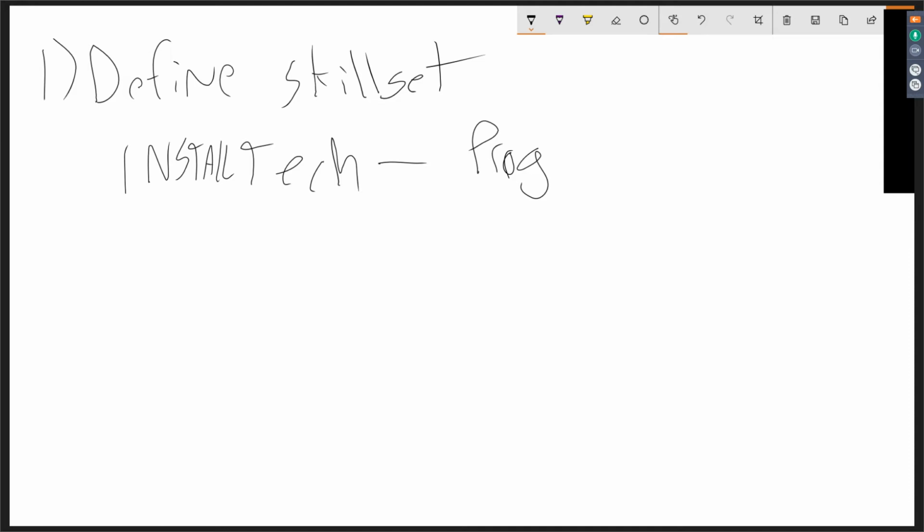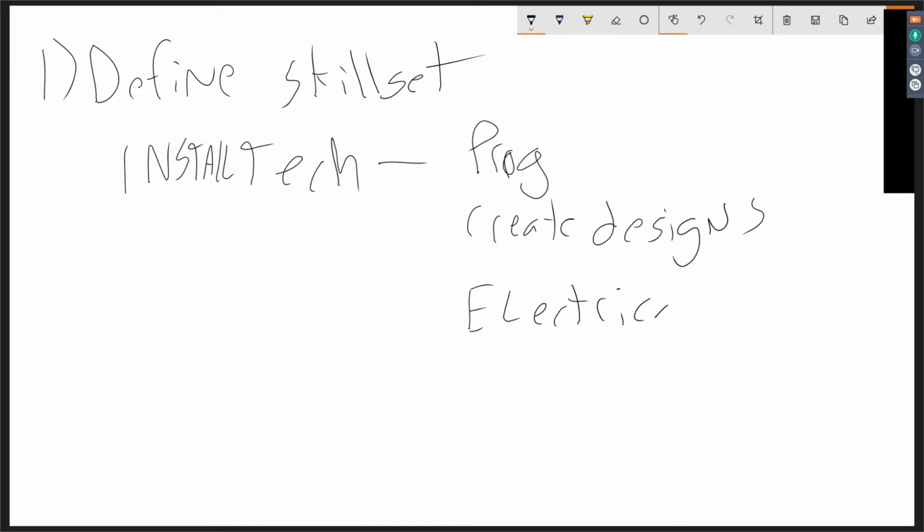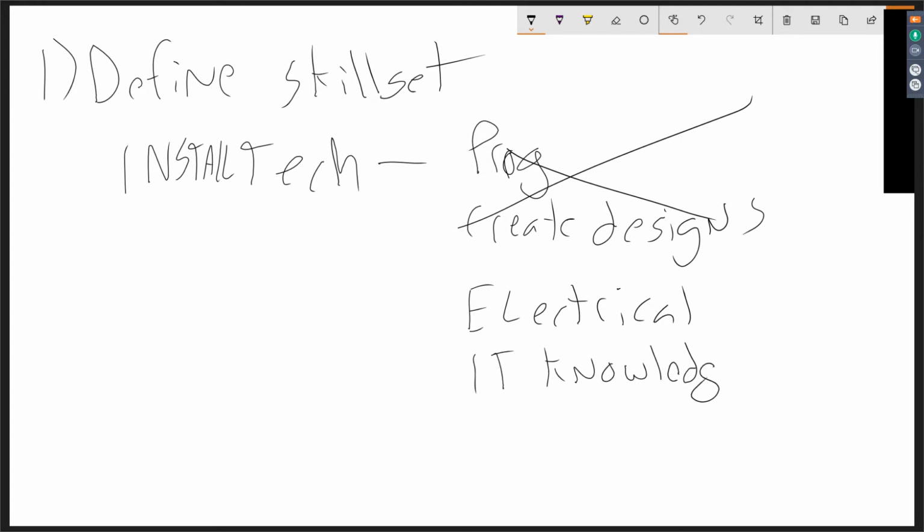They do not need to know how to create designs. However, they do need electrical knowledge. So let me blast these things out. They do potentially need some IT knowledge. So these would be areas where we would focus in.